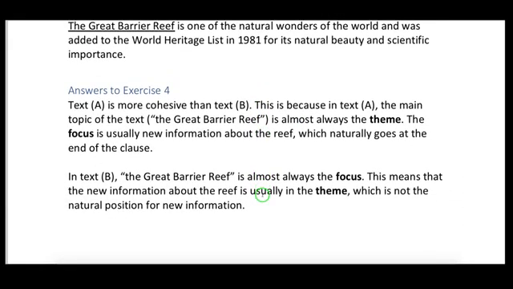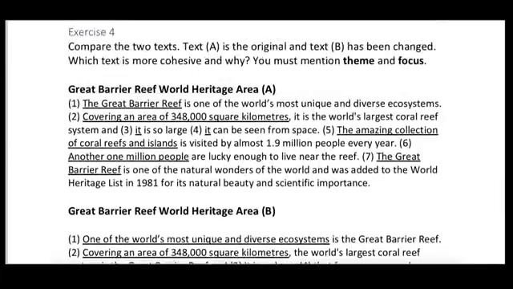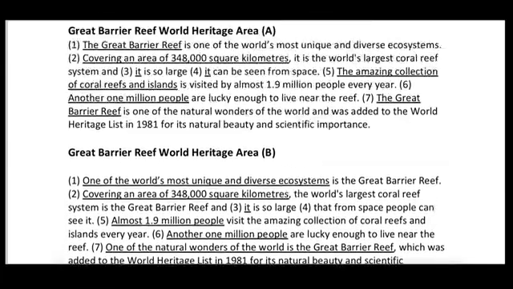If you compared text A with text B above, it becomes pretty clear that text A is the most cohesive text. But why is that? Let's just take a quick look to refresh our memories. In text A, we know the topic of the paragraph is the Great Barrier Reef, so it makes sense that many of the themes in the sentences are about the Great Barrier Reef.